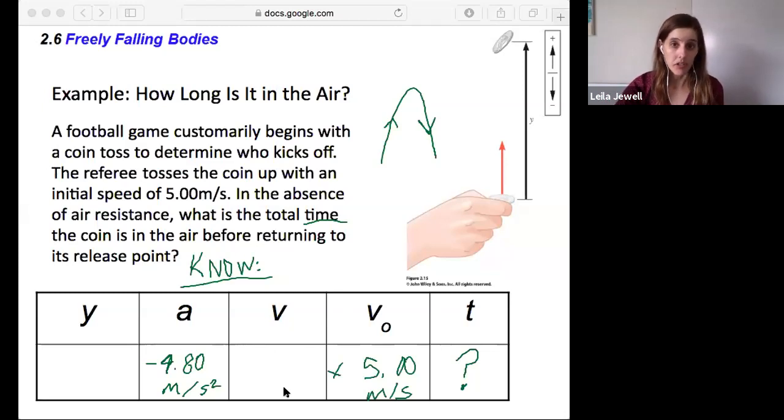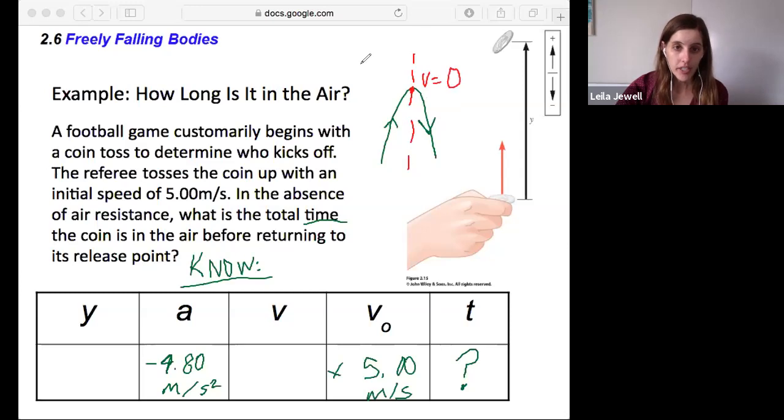So there are a couple ways around this, because with these problems, you'll see there are multiple ways you can solve them. One is we could split this motion in half, and instead of considering the entire motion, we could just consider the going up. And the advantage of that is that at the very top, the velocity is equal to 0.